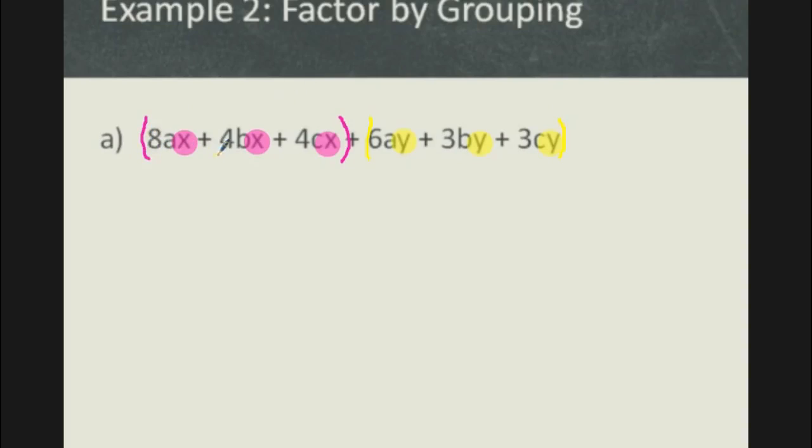So 8, 4 and 4 all divide by 4. And like I said, each term contains an x. So we're going to take out a 4x. And that leaves behind 2a plus b plus c.